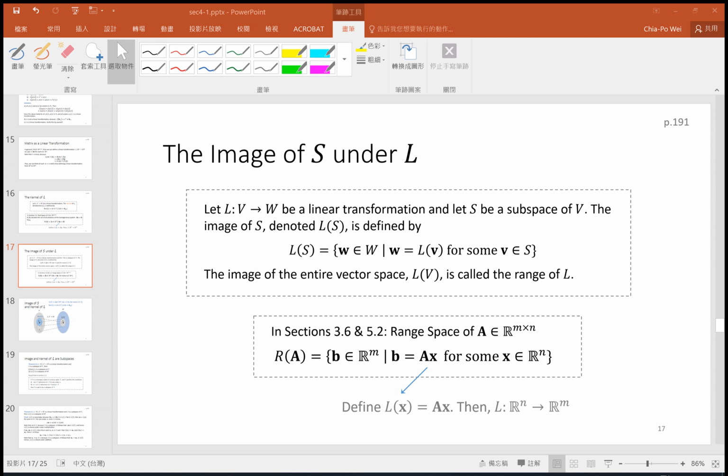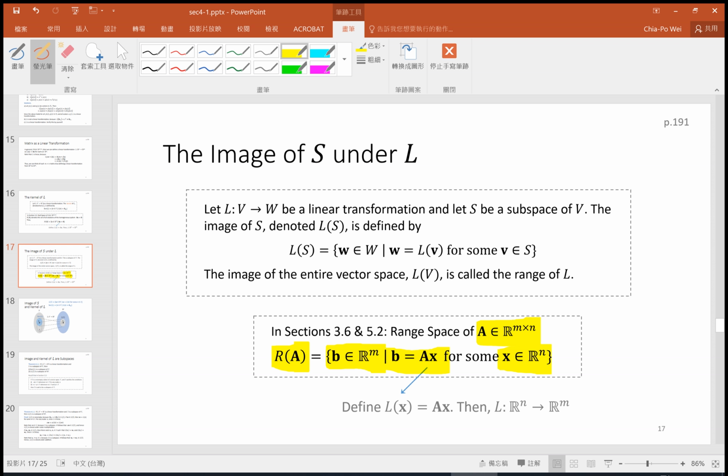We show the relationship between the range of L and the range space of a matrix. Let A be a matrix in R^(m times n). Recall that the range space, or the column space, of A is the collection of all linear combinations of column vectors of A, which can also be expressed as the collection of vectors b in R^m such that b equals Ax for some x in R^n.